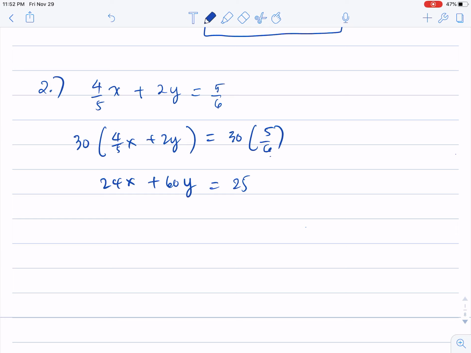Again, unahin natin yung alisin yung x kasi gusto natin y na lang matitira sa one side. No? Remember, we are aiming for y equals mx plus b. So magiging... para maalis yung 24x dito, para y na lang matira, 60y, we subtract 24x from both sides, plus 60y equals 25.